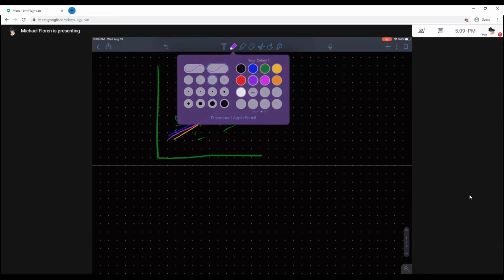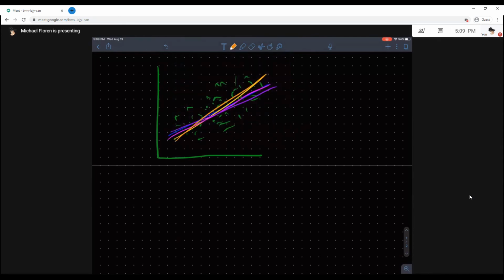Which of these is the right line and which of these is just kind of close? How do you pick between all of these different lines? That's the question that we have to answer.